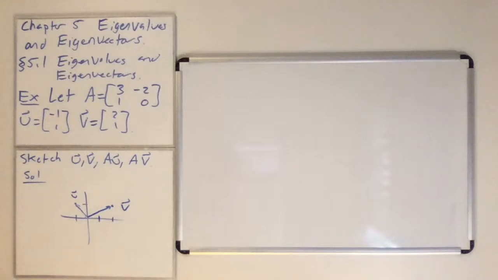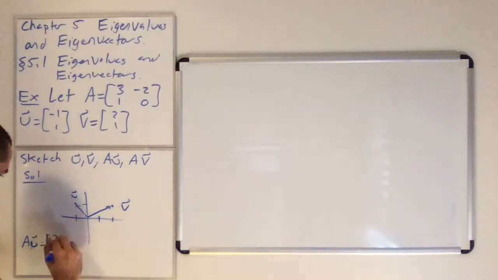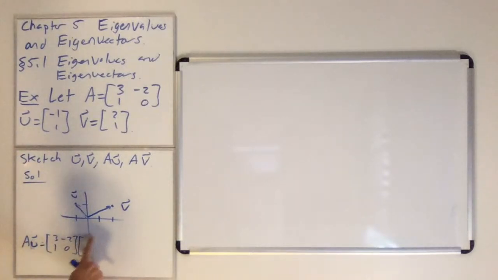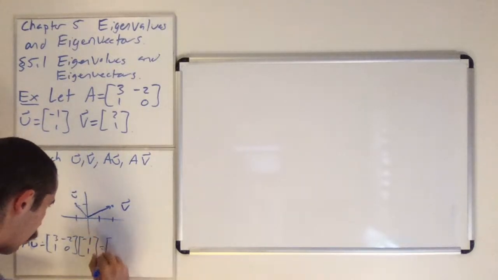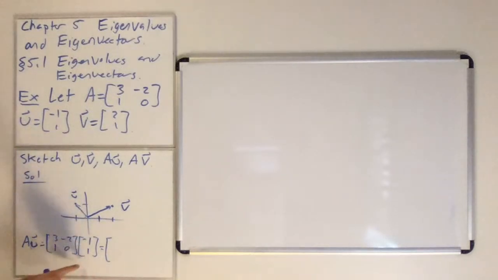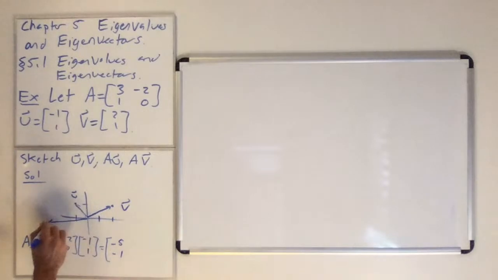Okay, and so we should compute what Au and Av are. So u is negative 1, 1. And so we get negative 5, negative 1, which is a vector maybe out here.